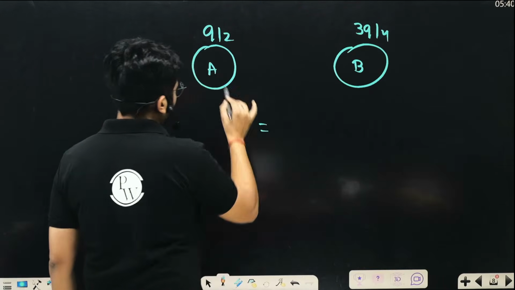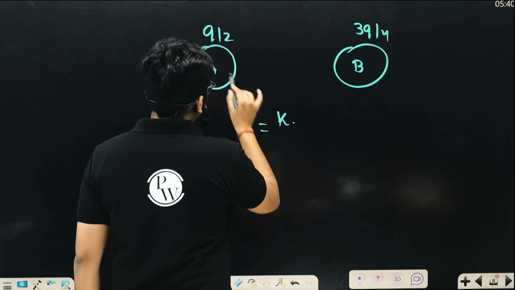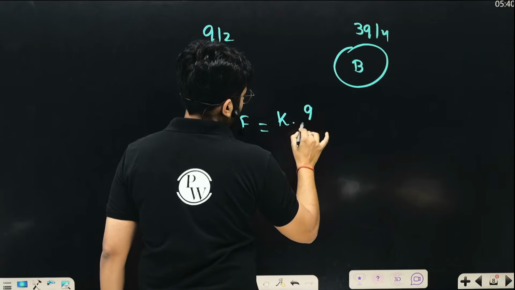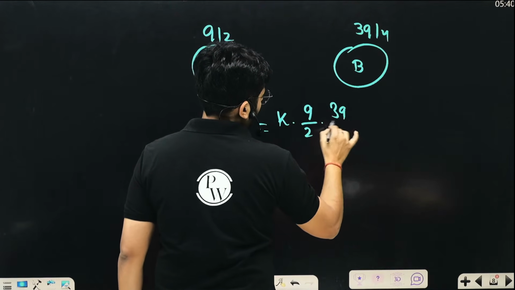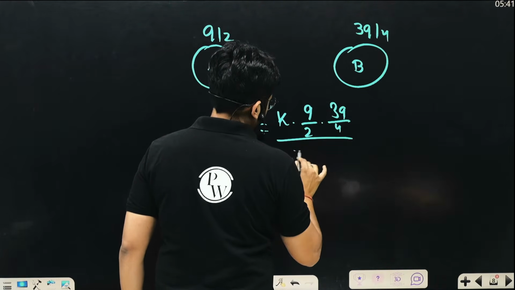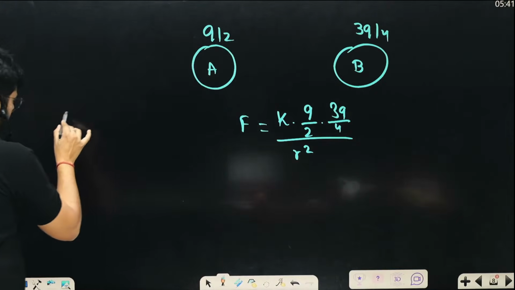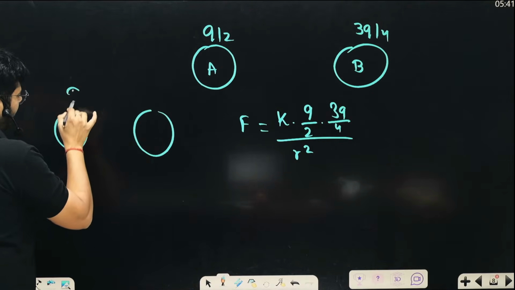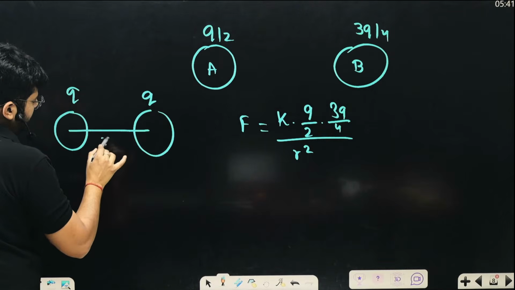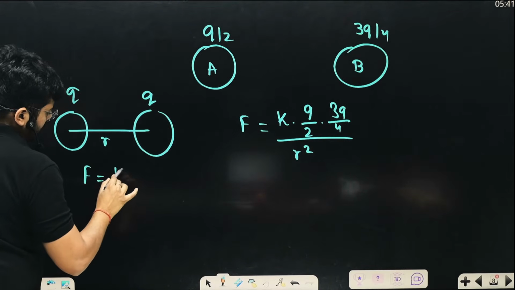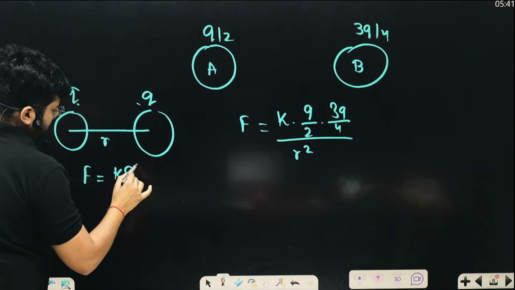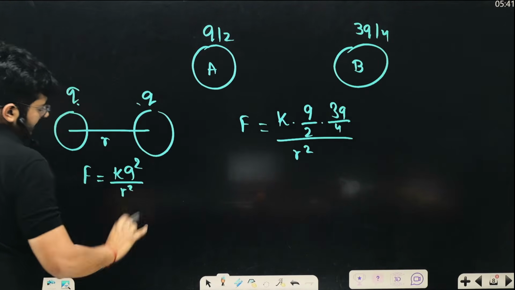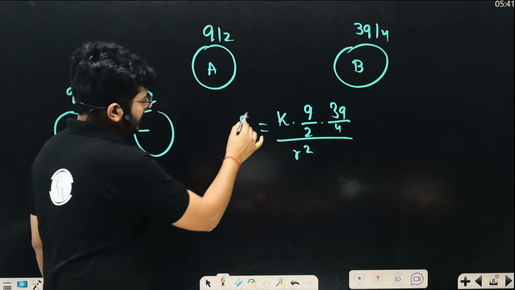We can say that the new force will be K times Q1 Q2 by R square, so Q by 2 and 3Q by 4 upon R square. My dear kids, previously when they had the charge Q and Q, they were placed at a distance R. The force was K Q1 Q2 by R square, which is KQ square by R square. This was the initial force and this is the new force.